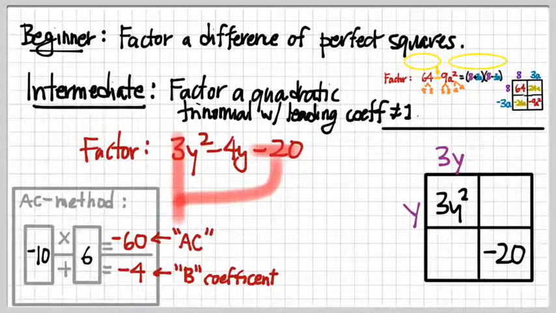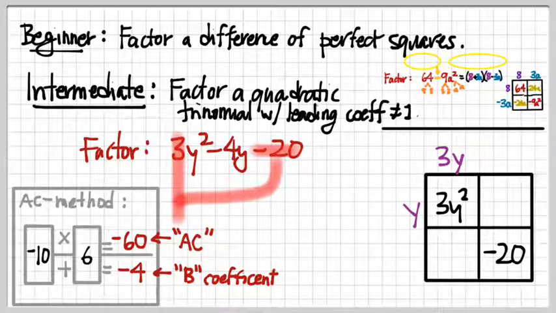So now the question is, how do we use the A and the C in this method? Here's how we end up using them. What we're going to do is take them, and into my factoring grid, I'm going to place -10y and 6y in these two cells. That's going to work for two reasons, really.